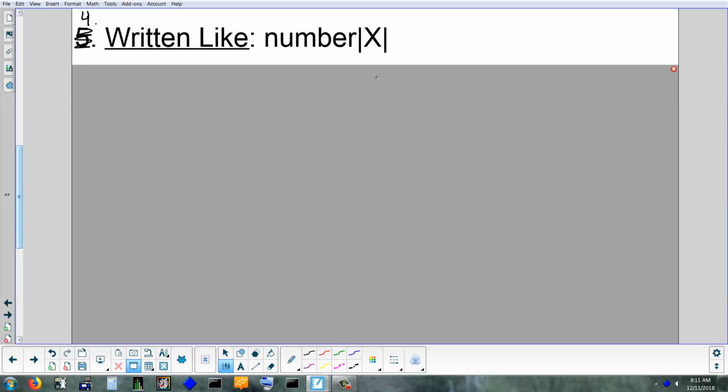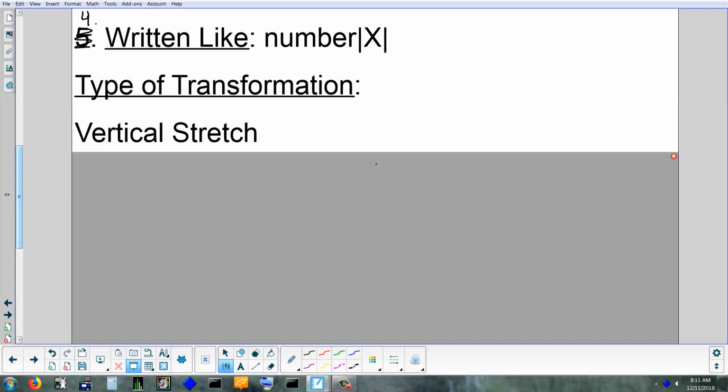So I'm looking at it. I'm like, okay, I see a number on the outside. The fact that it's outside the bars tells me vertical right away. Now I say, all right, is it a negative? Is it a number? Or is it addition or subtraction? It's a number. Whenever you multiply by a number, that's a stretch. And I did it on the outside, so that means it's vertical. So that's a vertical stretch.